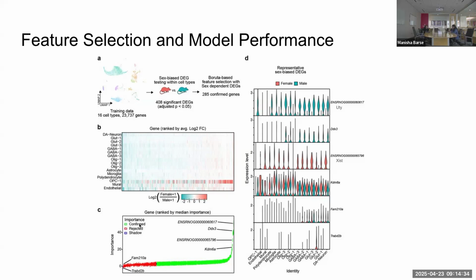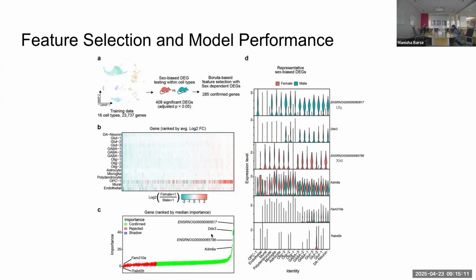The feature selection algorithm shows confirmed, rejected, and shadow genes. The ones colored red are the rejected ones. On the right-hand side are the ones which the Boruta algorithm has confirmed as differentially expressed genes. And the tiny blue ones are the shadow genes that Boruta defines.